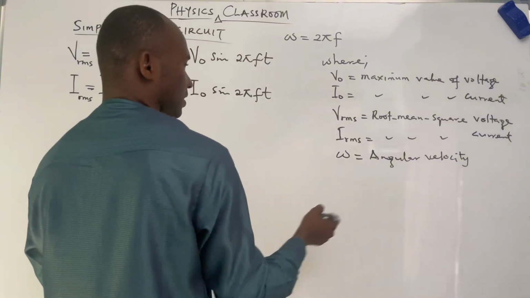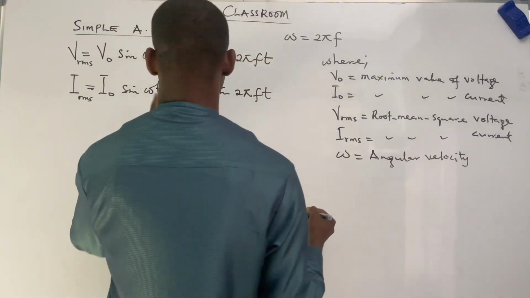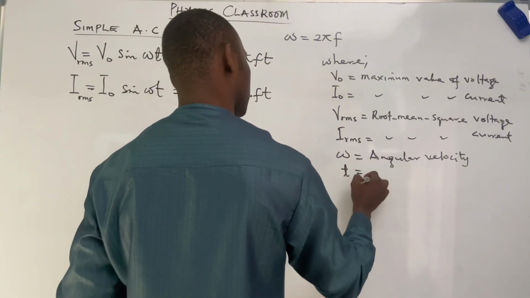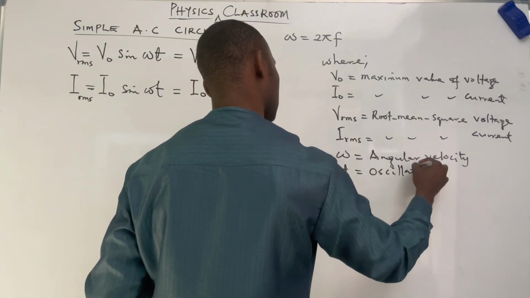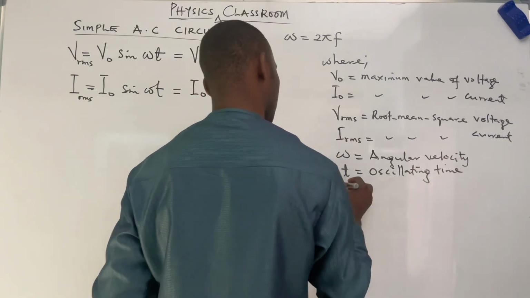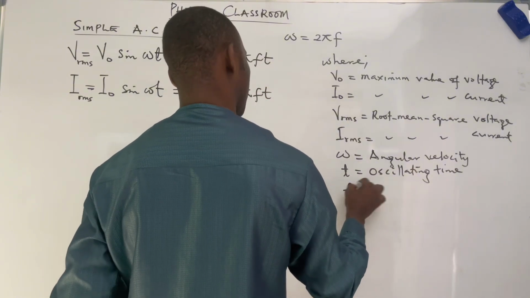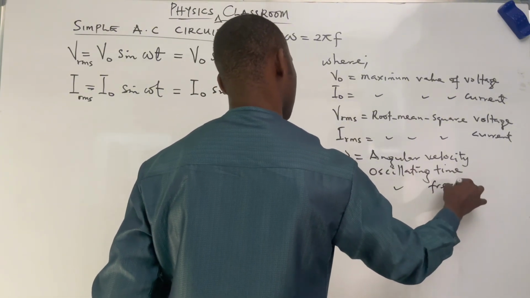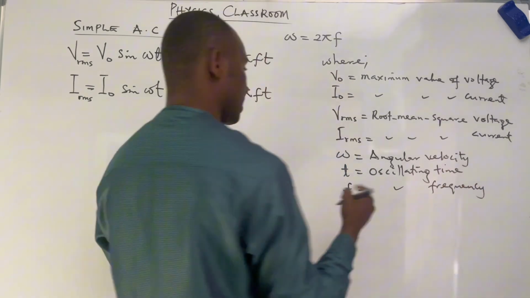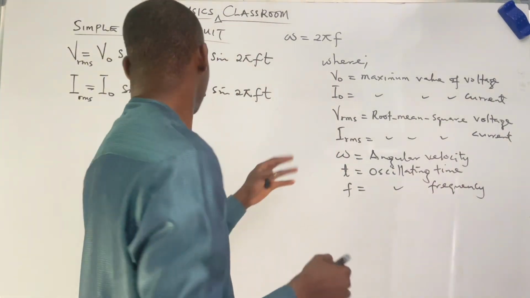Angular velocity, of course, is measured in rad per second. Then the T represents oscillating time, while the F represents oscillating frequency. Please take note of all this. They are very, very important.